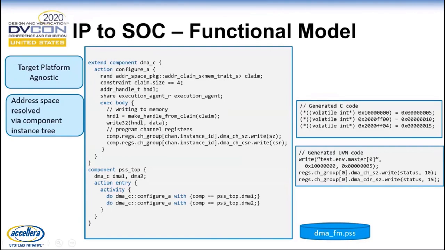There are many ways to do this, and that will be a topic for later, where we will discuss how the mapping is done by a tool, but this is very tool specific and shouldn't concern us at this point, how the UVM code and the C code will look. Just imagine that these two things can be generated by a tool.